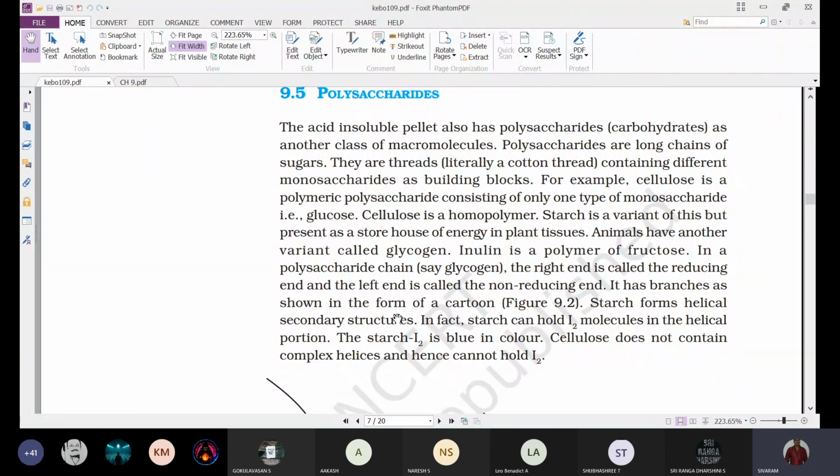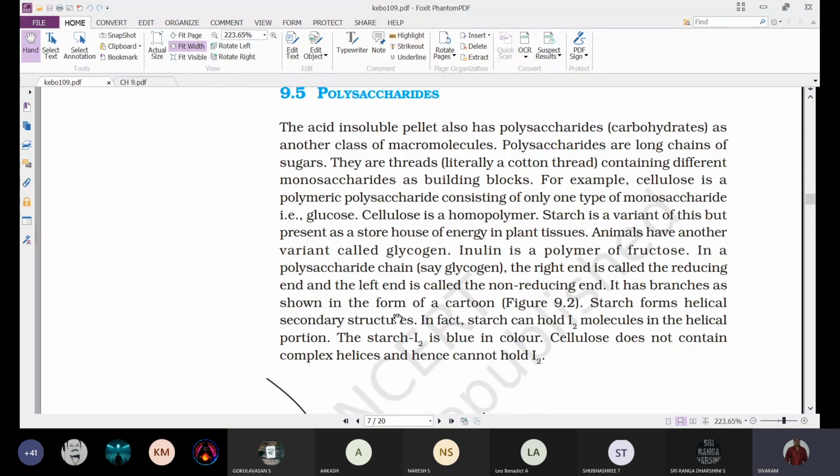Inulin is also a storage substance in plants. In plants where inulin is the storage component, they store carbohydrate as inulin and not as starch, so those plants do not show starch.